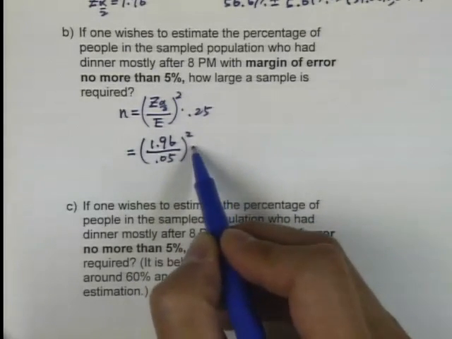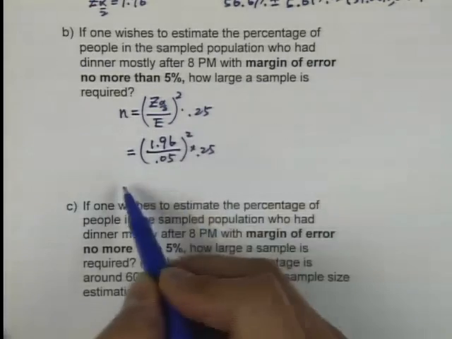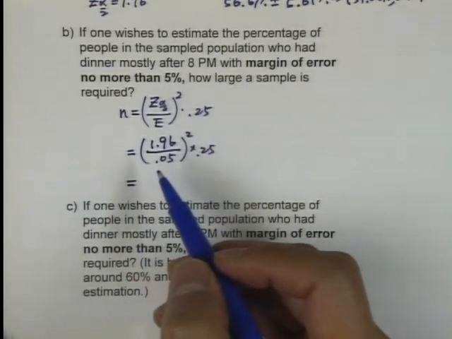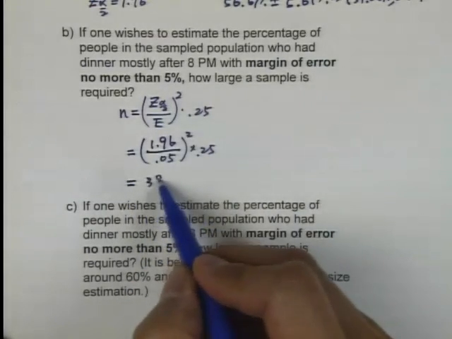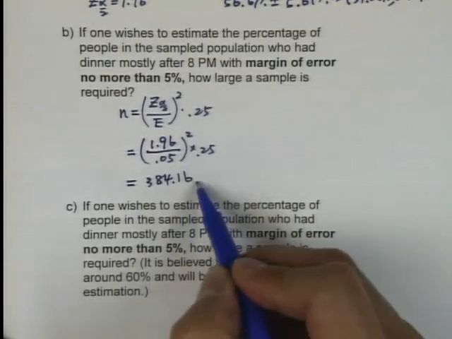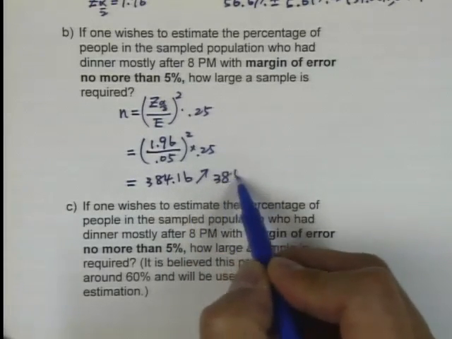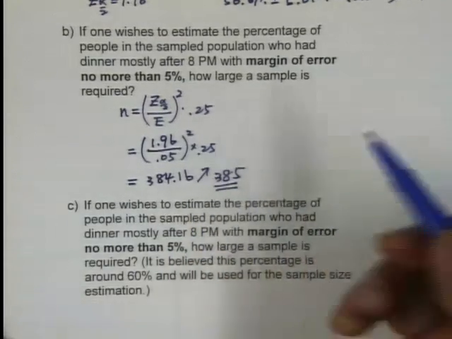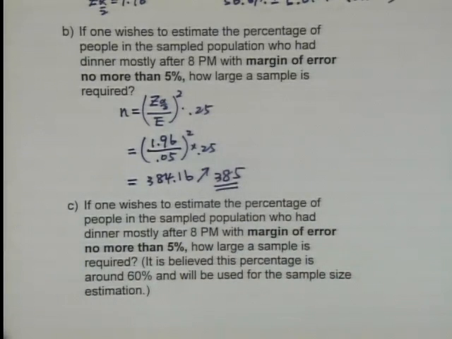Square that times 0.25, I will get the sample size. So that is 384.16. If I raise it up, I'm going to round it to the next whole number, so 385. If I have this many subjects, I'll be able to achieve my goal in terms of margin of error. Okay?